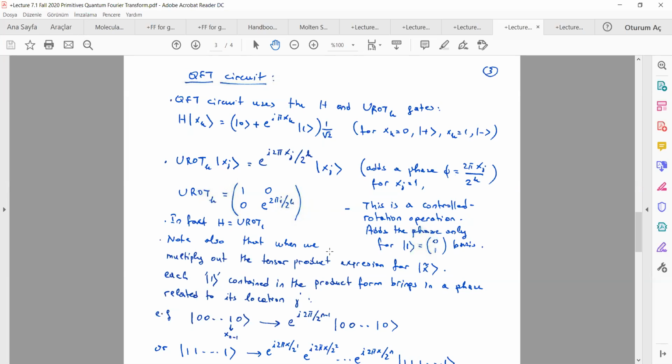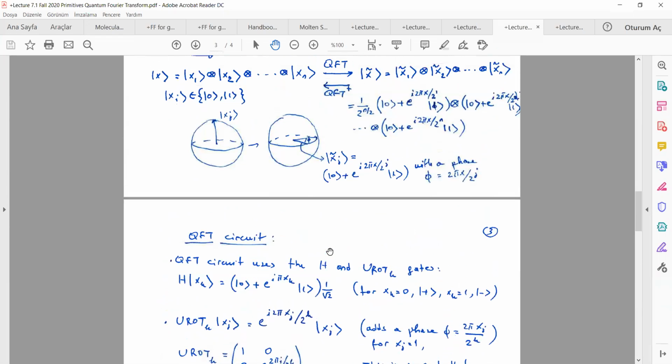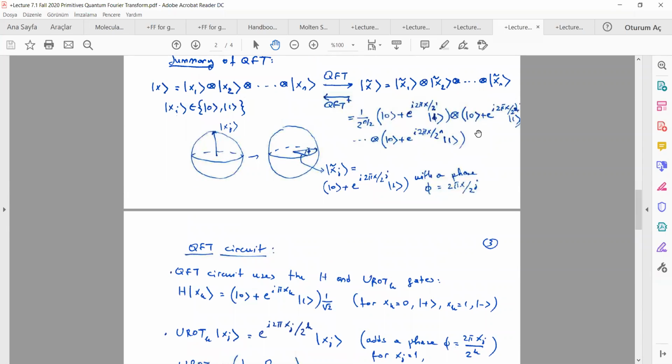Okay. And we also note this tensor product form that we have shown over here, the general Fourier transform, right? Each one of the qubits in the transform domain is transformed like this.